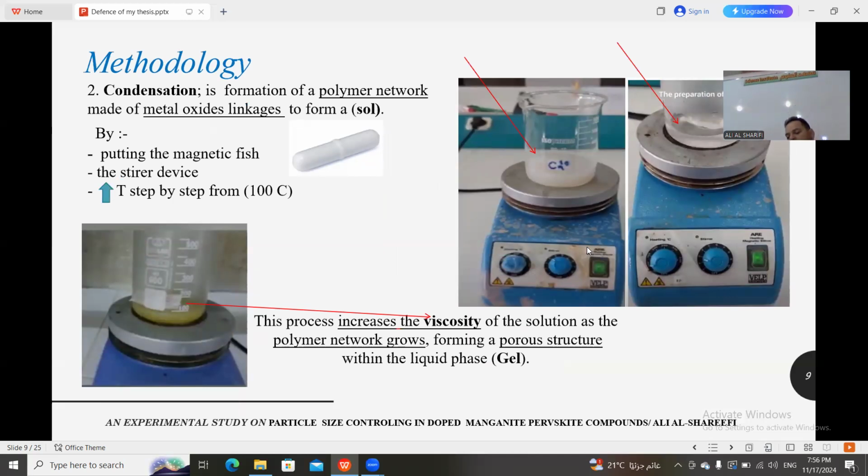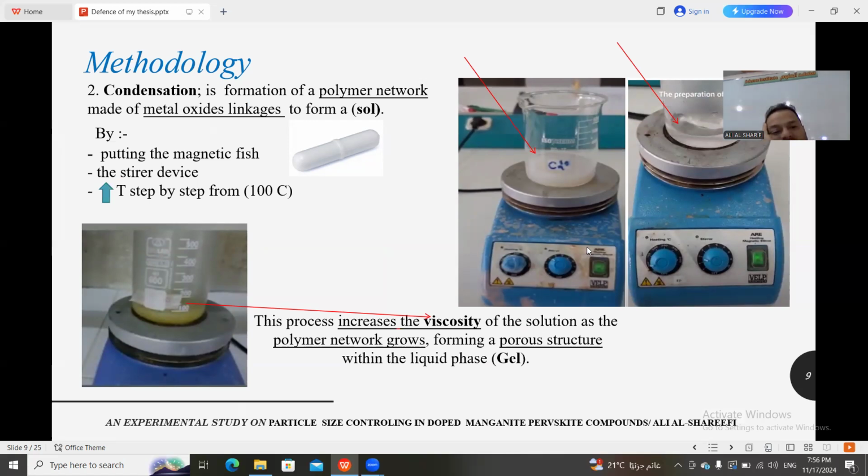Now let me talk about the second stage, condensation. What does that mean? That means here the sol will be a polymer network made of metal oxide linkage. By that I have a sol now.